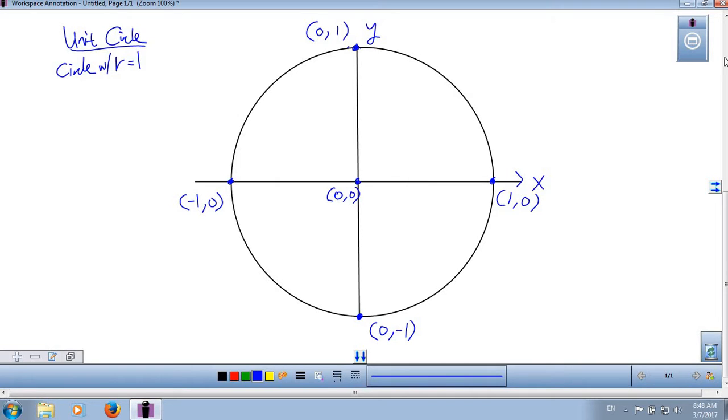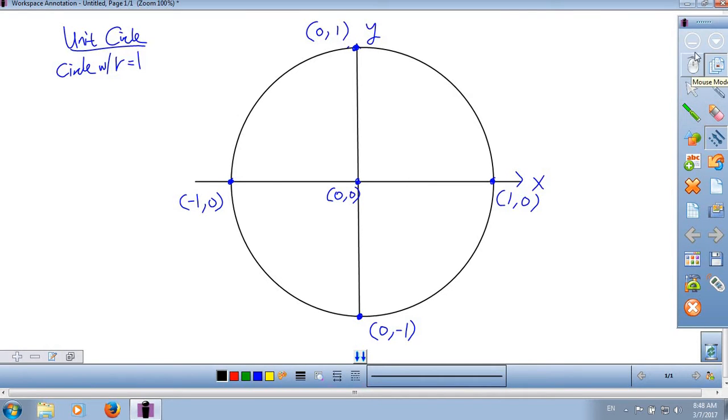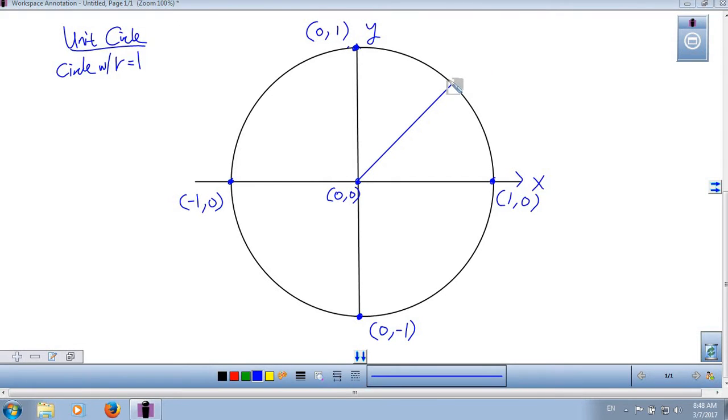Okay, so what does that mean? That means that if I draw a radius from here to here, for example, this distance will be 1. So the x-coordinate and y-coordinate of a point on the circle will give us a very special meaning. Now, why is that?